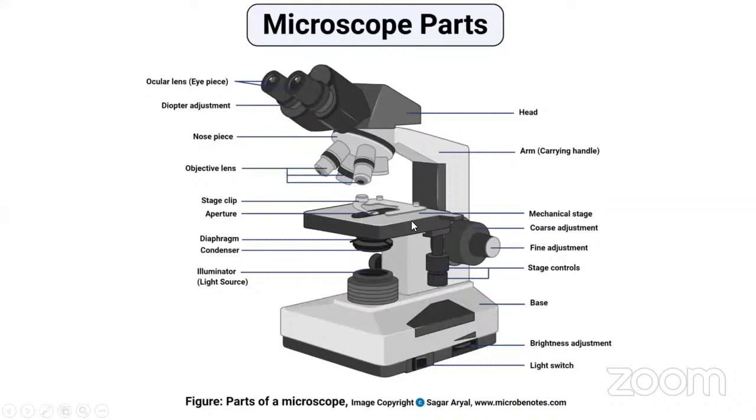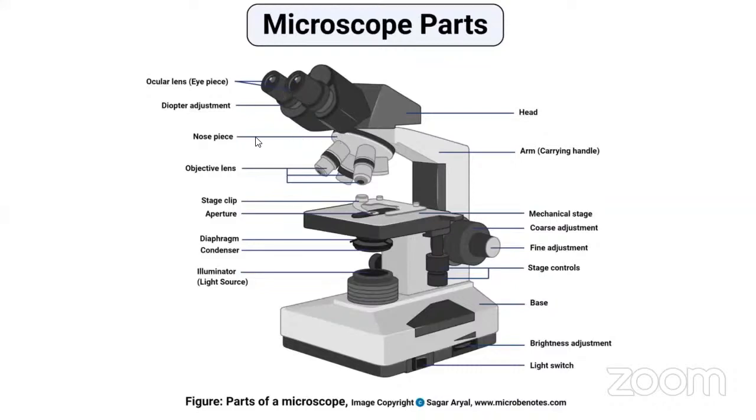A microscope consists of an eyepiece, and then it has a head structure which supports the eyepiece. Then this portion is called aperture adjustment. Through this, one can adjust the eyepiece according to his or her convenience.